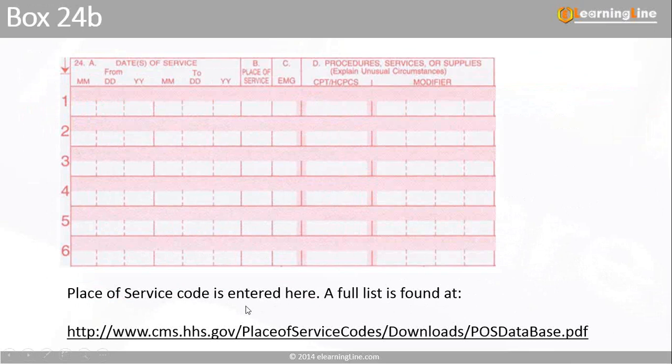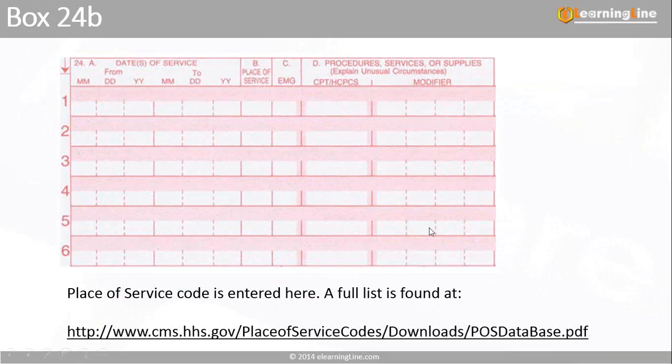Now this is talking about place of service code, where the service was rendered. Many physicians have a place of service at their private office location. Many of them have it at home. Many of them have it at a private, completely outside corporate business office or something like that. So depending upon what is in their contract is the place of service which is authorized.